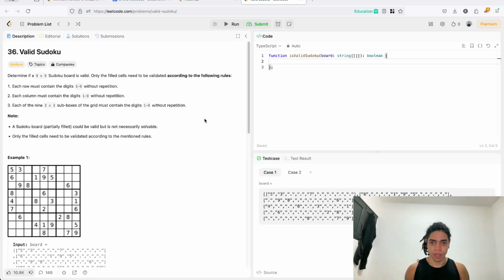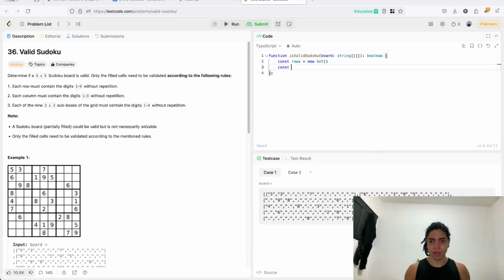So you now go and define a set. What we're going to store is our rows. You say const rows, which is a new Set, a data structure from JavaScript, which is good.